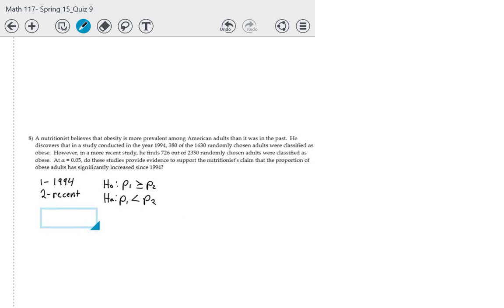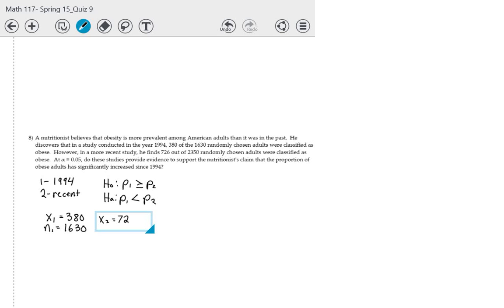Let's write down some of the things that we read when we were reading the question. So first thing is, x1, the number of obese adults in the past was 380. N1, the sample size of that study, was 1630. Okay, then x2 is 726, and N2 is 2350.